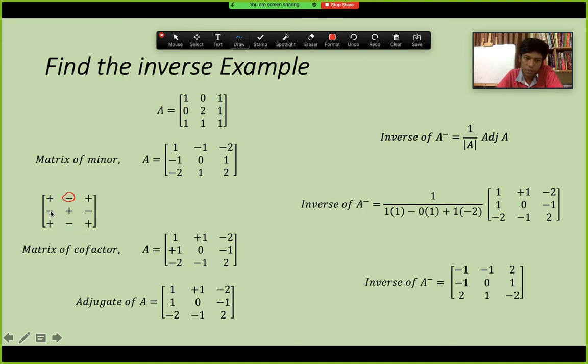Second line opposite. Third line again opposite of second line. Or you can say first line and third line are the same. These two lines are the same. Just the middle line is opposite. So it means that first one is plus, so it will remain plus.